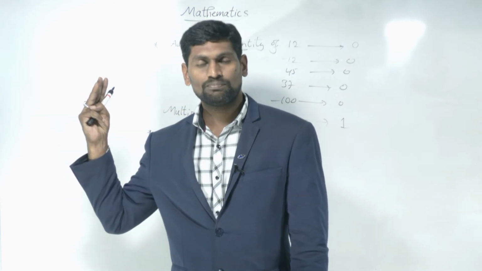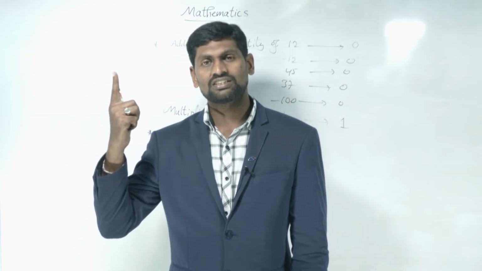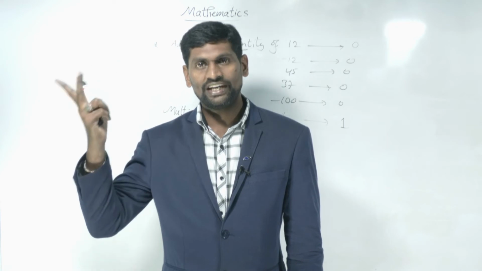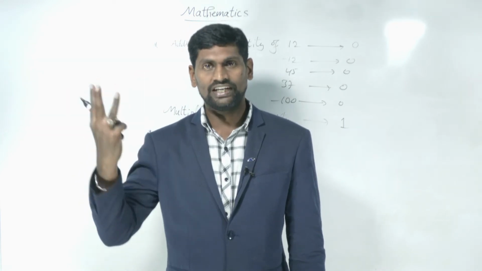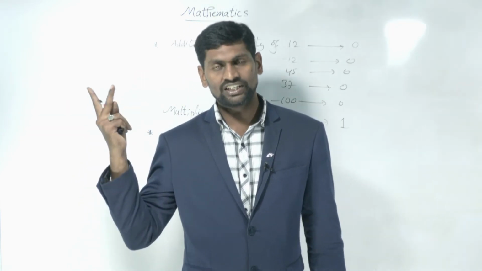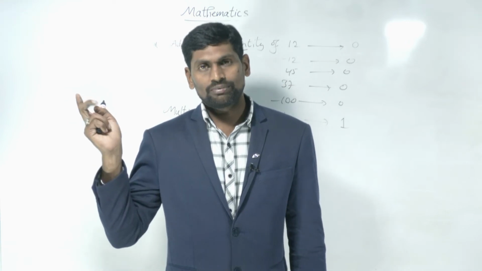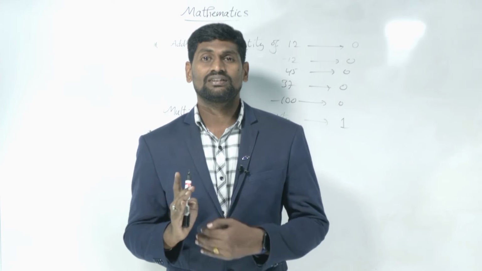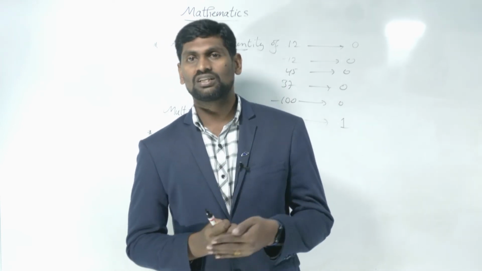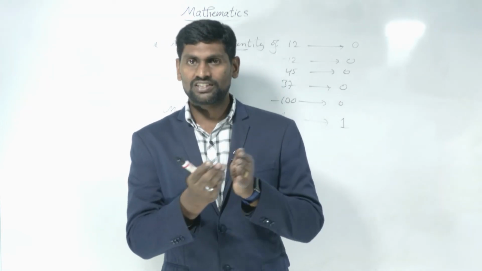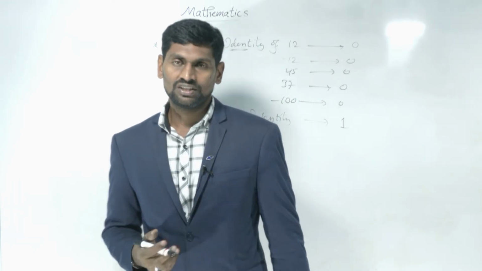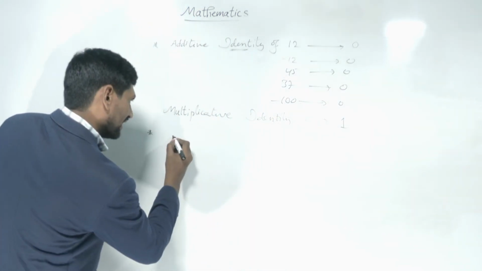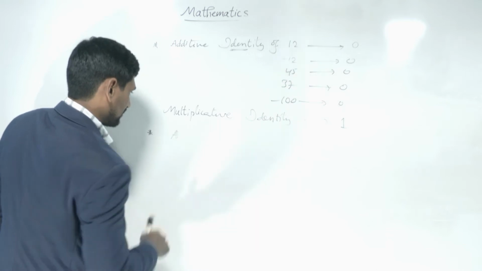And 3 properties: additive inverse, additive identity, multiplicative identity. Additive identity is always 0, multiplicative identity is always 1. Additive inverse means there is a change in its symbol. Minus becomes plus, plus becomes minus. Now find the additive inverse for this.